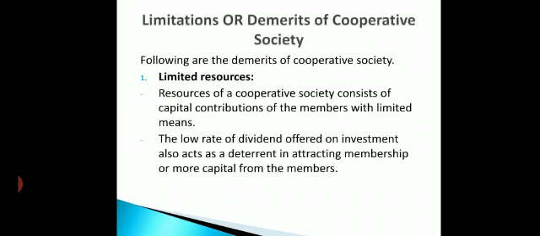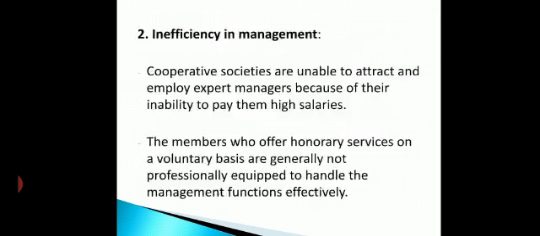The rate of dividend is higher in case of joint stock company, but the rate of dividend in case of cooperative society is less as compared to joint stock company. So that becomes one of the factors where cooperative societies lack in attracting members. So limited resources is the first limitation or demerit of cooperative society.